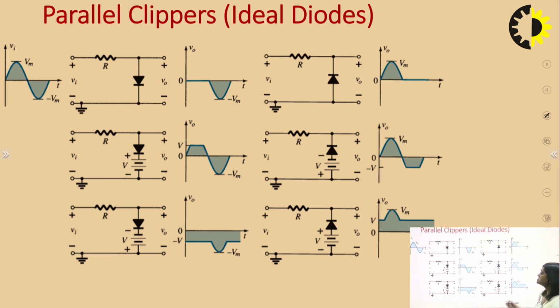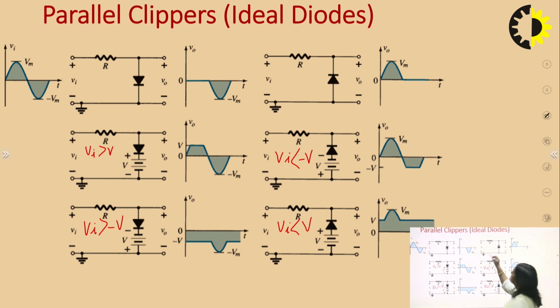So these are all the possible combinations with the parallel clippers. We have discussed most of the cases. Here the conducting condition in this case would be Vi greater than V. And for this case we can see Vi is greater than minus V, and for this we can see Vi is less than V. Here we can see Vi is less than minus V. So these are the conducting conditions for the diode, and here the conducting condition is Vi less than 0.